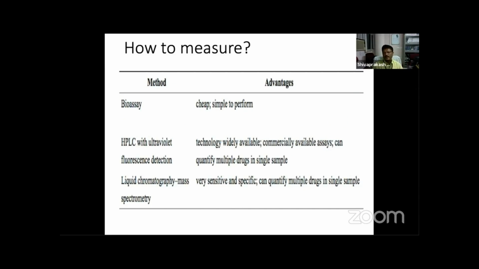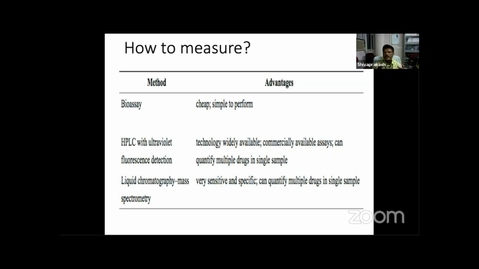How to measure? Coming to the bioassay mainly, you have different methods. Bioassay is a simple method. It is just like performing antifungal susceptibility testing or disk diffusion, like how you do it for bacteria. By just following this procedure with standard quality control, you can do a bioassay.